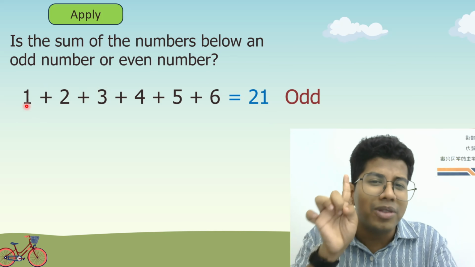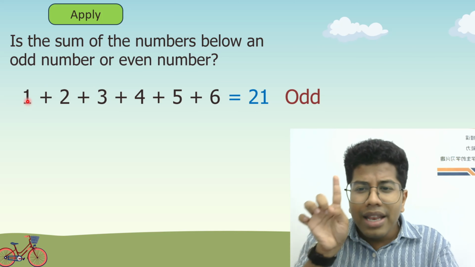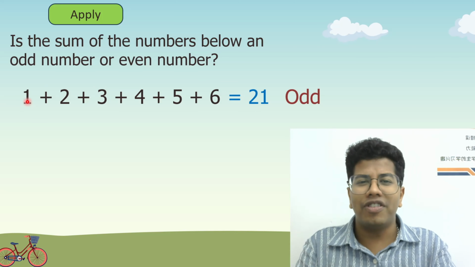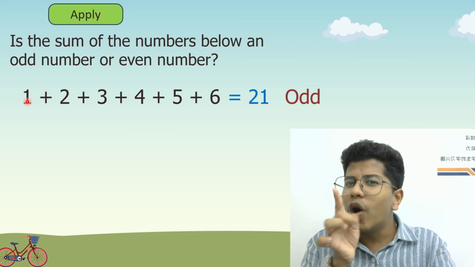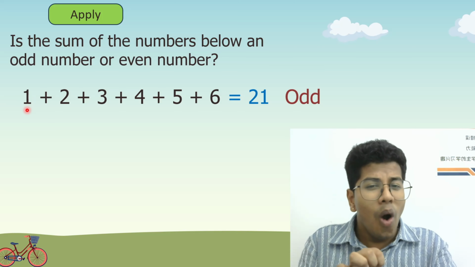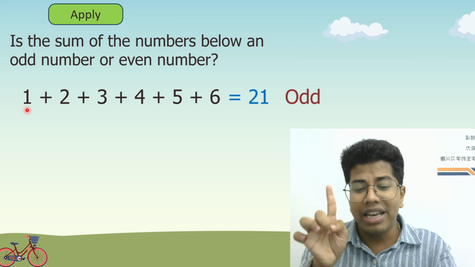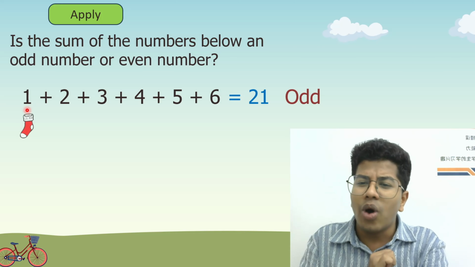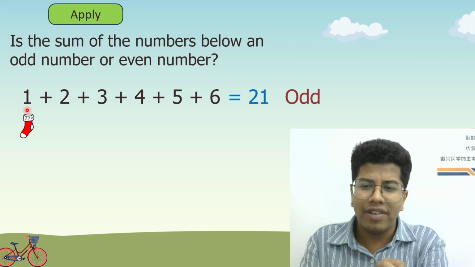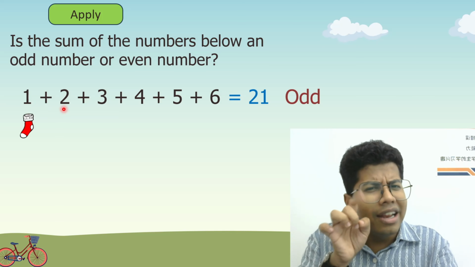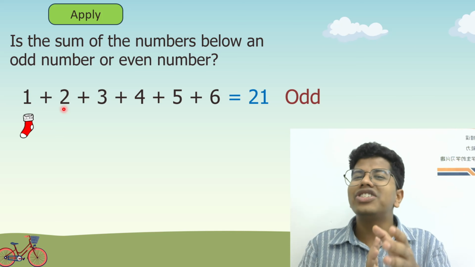Now let's start from the very first, that is 1. Now 1 is which type of number? Is it an odd number or an even number? Oh, of course, 1 means there will be 1 left. So if I compare this with a sock, there I'll have 1 left. How about 2? Is it 1 left or a pair? Oh, it is just a pair.